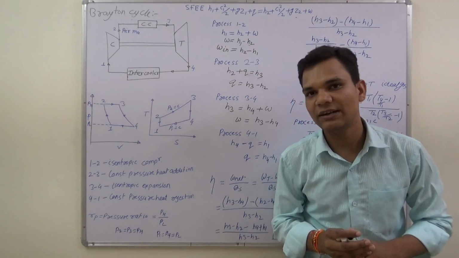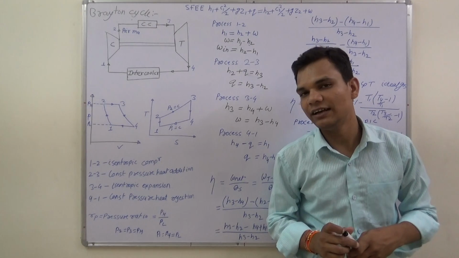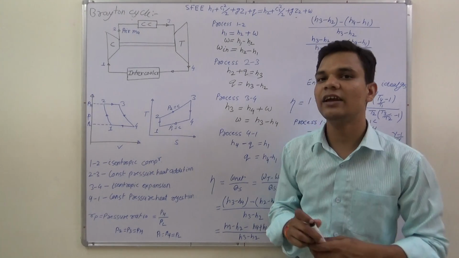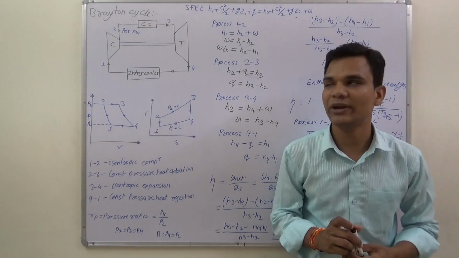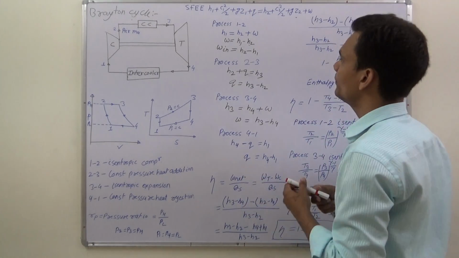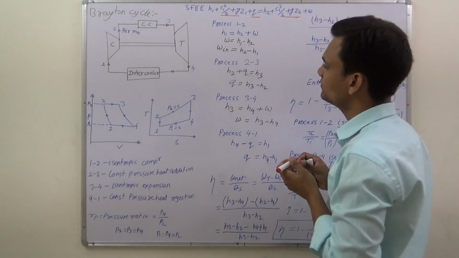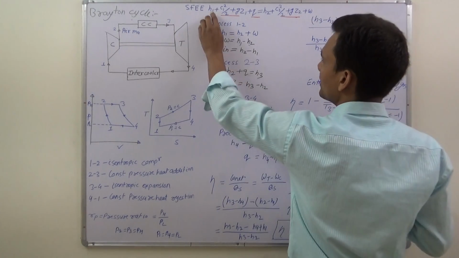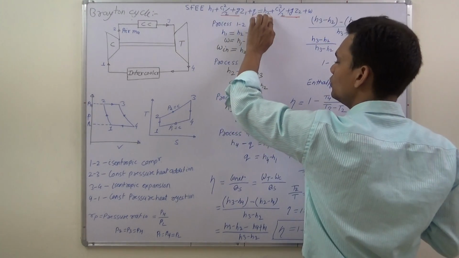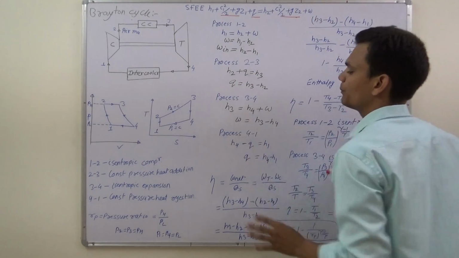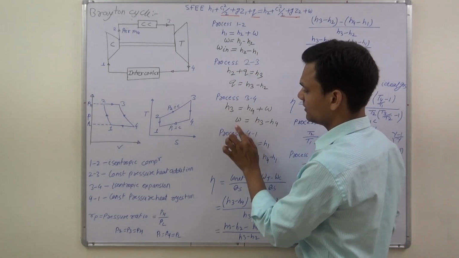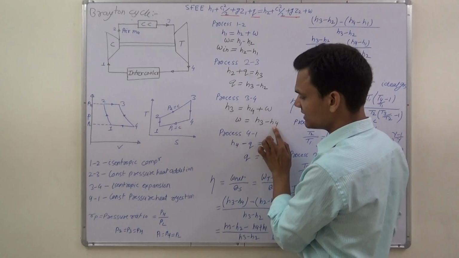The assumption for the turbine is that there is no change in kinetic and potential energy, and also the turbine is perfectly insulated. So this term becomes 0. The remaining terms are H3 is equal to H4 plus W. So we can write W is equal to H3 minus H4.